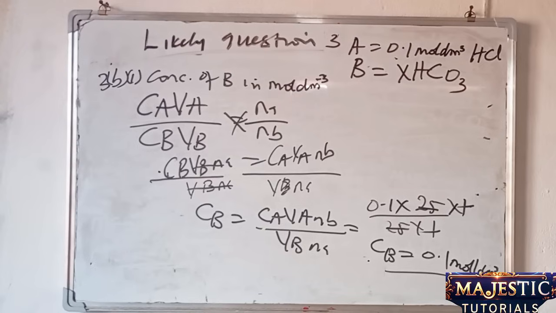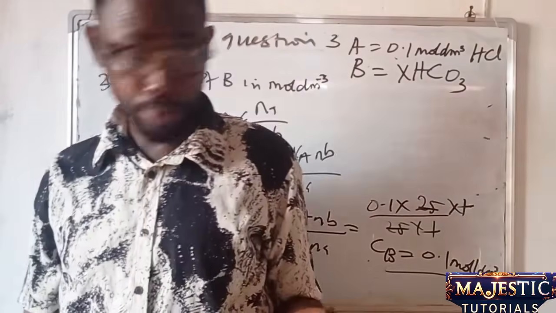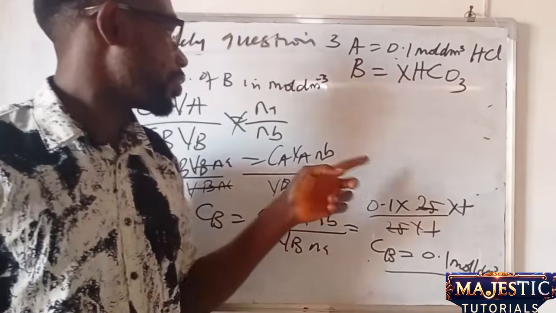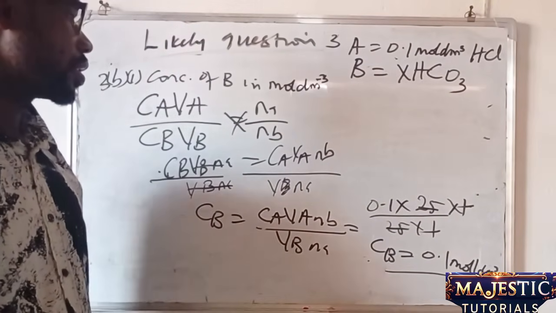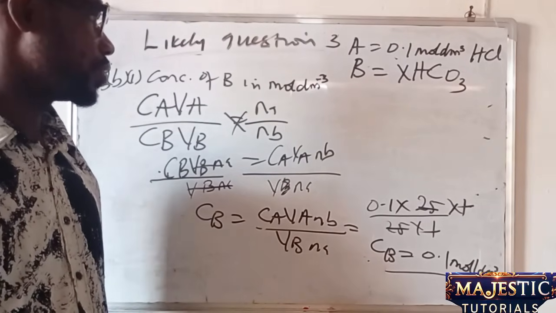Okay. That will not be possible. It's okay. When we solve, you will see the error in the question we asked. Why concentration of B in gram per dm cube will not be possible here is that we don't know the molar mass already, and we don't also know the mass, so we can't be working with two unknowns.